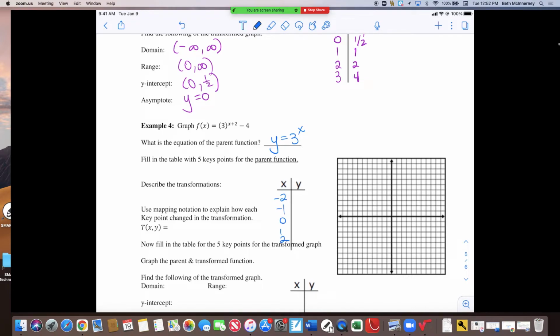So for exponential, that'll start in a parent function of -2 to 2. Go ahead and plug those into 3 to the x. Get your table values. If you're a fast worker, describe the transformation.